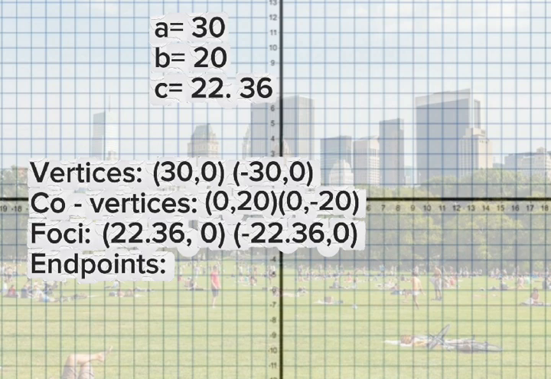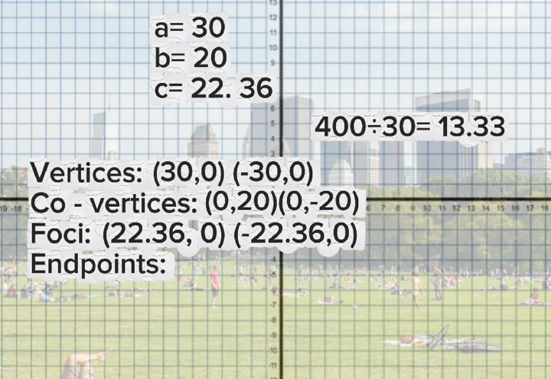Now for my least favorite part, the endpoints. Let's take a look at our foci and take the value that is not 0, 22.36. Now for the y coordinates, let's use the formula of b squared over a. The value of our b squared is 400 and the value of our a is 30. So 400 divided by 30 is 13.33.